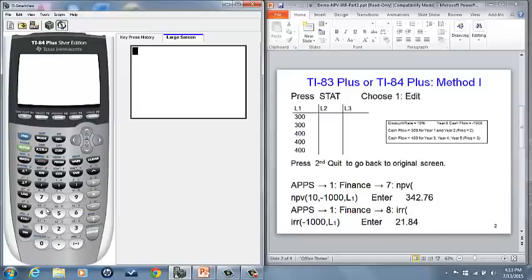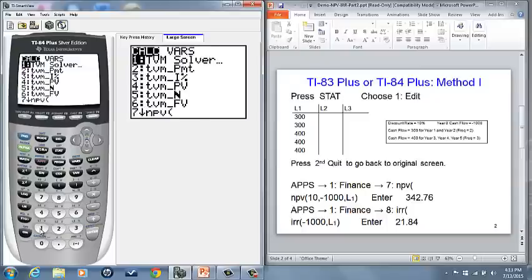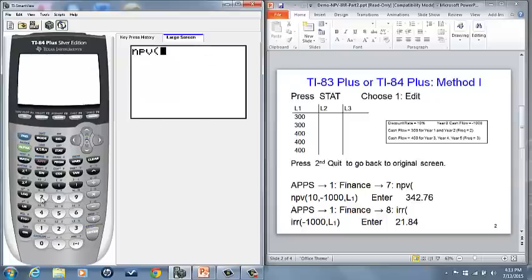To compute the NPV, we press APPS and then choose number 1, Finance, and then choose number 7, NPV. In the NPV syntax, we need to input 3 numbers. The first number is the cost of capital, 10%. We just input 10, and then a comma. The second number is CF0, negative 1,000, and a comma. The third number is where we store the data from year 1 through year 5.